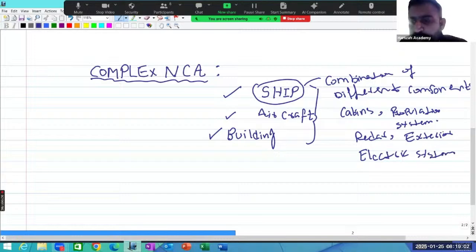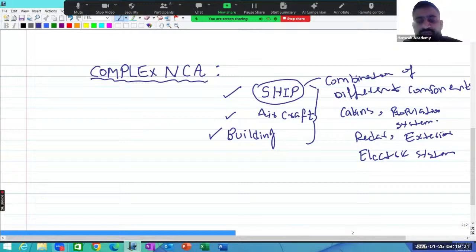And every component of this asset is a material non-current asset. And they have different useful lives and different patterns of depreciation. Now, this thing makes the ship a complex non-current asset.